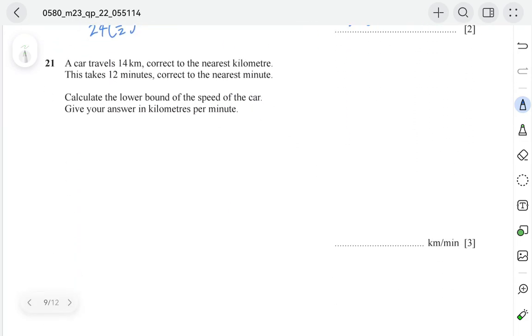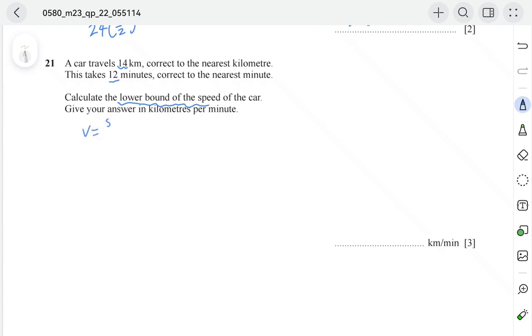Now let's move on to question 21. Here we are looking at a car, and we want to find the lower bound of the speed. This is because it was rounded off, so we have some uncertainties. So, let's find the equation first.